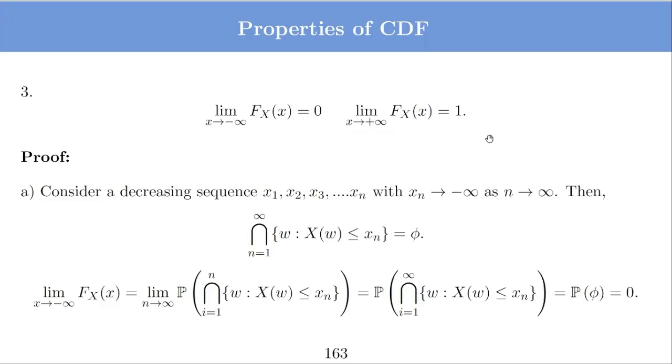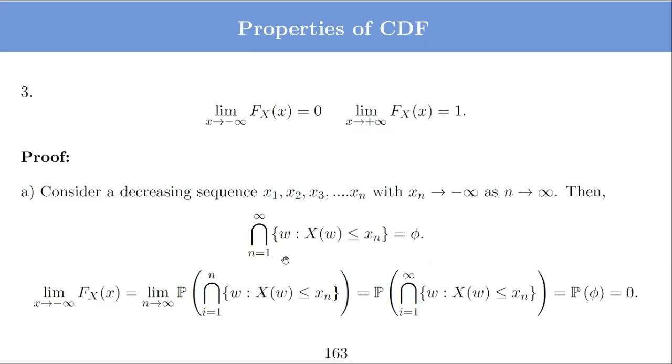So how do I go ahead and formally prove this? We apply the same approach. We say that there is a decreasing sequence x1, x2, x3, ..., xn, such that xn decreases to minus infinity as n tends to infinity. Then I can form the same sets, such that En is equal to the set of all omega such that X(omega) is less than xn.